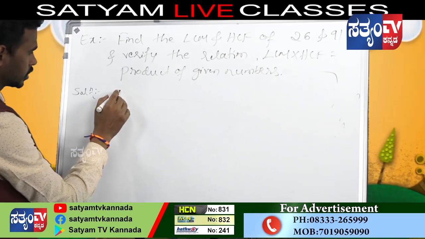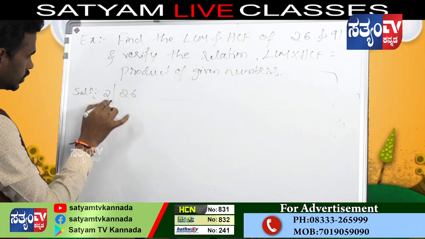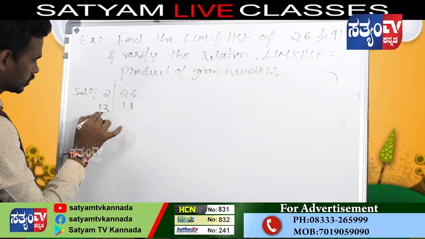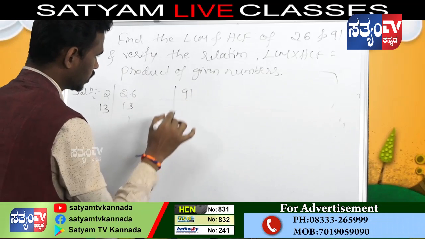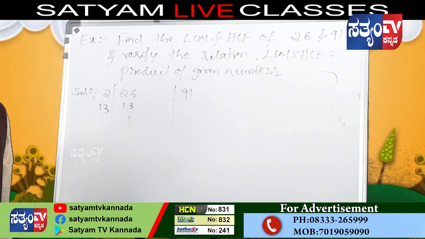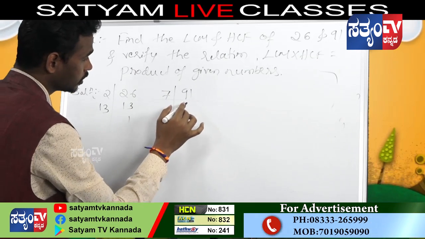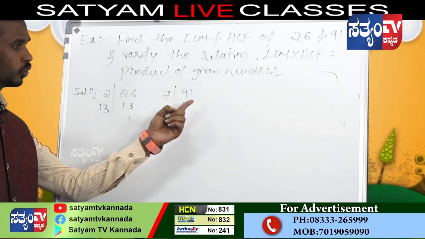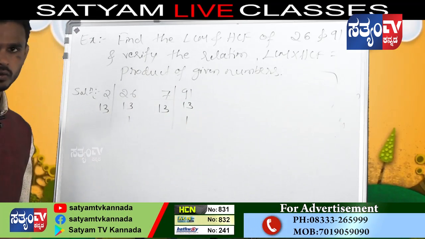Factorize those two numbers first. 26: we can write this as 2 ones are 2, 13 ones are 13. And next, 91: we can write this as 7 ones are 7, again how much remained? 13. 7 threes are 21, 13 ones are 13.